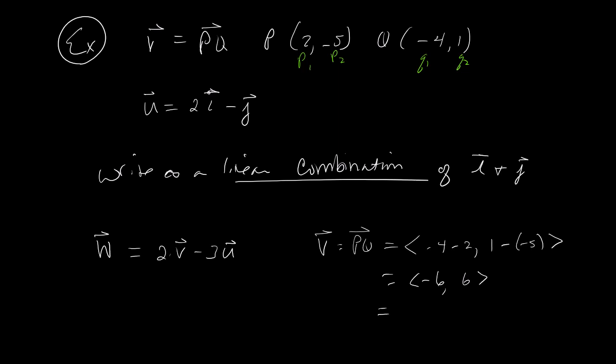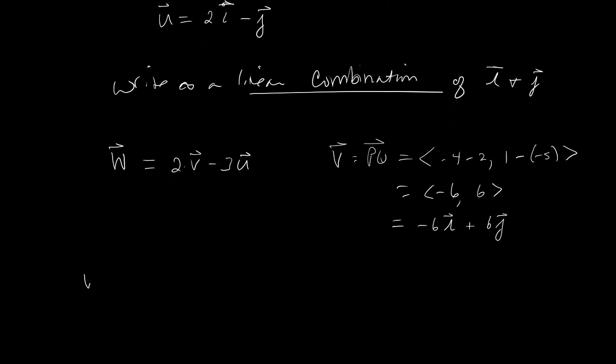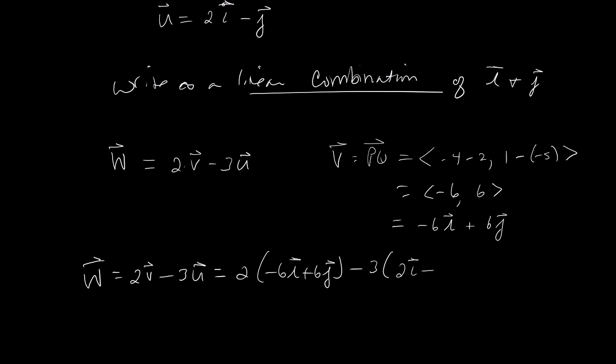As a linear combination of i and j, that's -6 in the i direction plus 6 in the j direction. So there's v. Now we're asked to find w. So w is 2v minus 3u. That is 2 times (-6i plus 6j) minus 3 times u, which was given in the linear combination form of the standard unit vectors, 2i minus j.